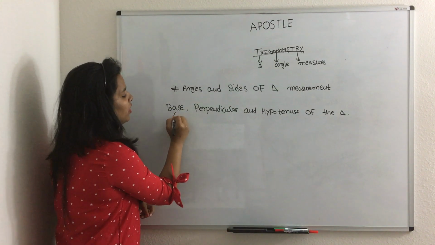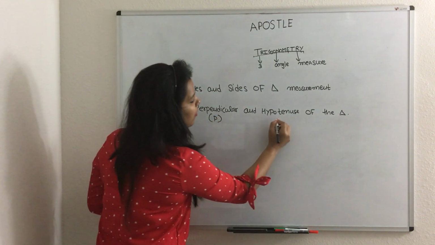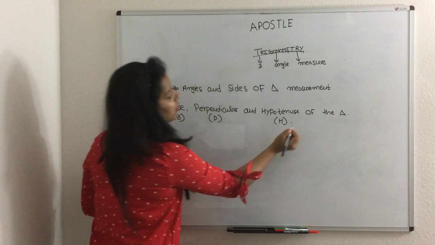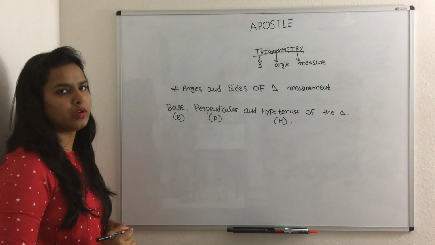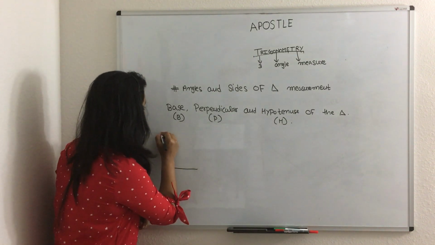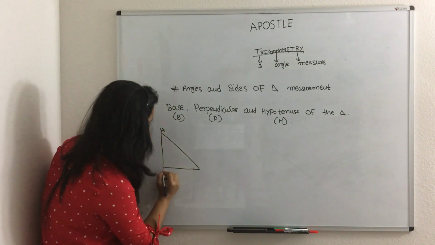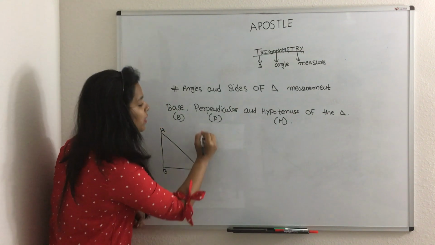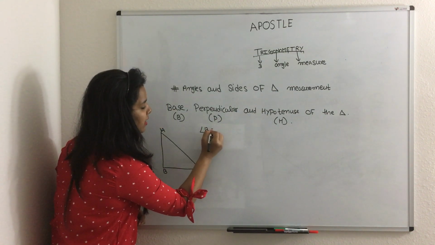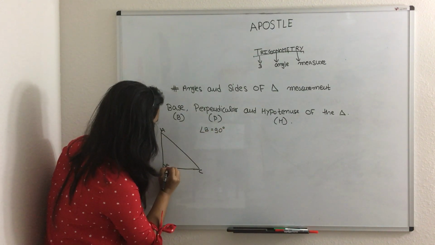In short form we write base as B, perpendicular as P and hypotenuse as H. So first of all we are going to consider a triangle ABC. In triangle ABC, angle B is always 90 degrees.